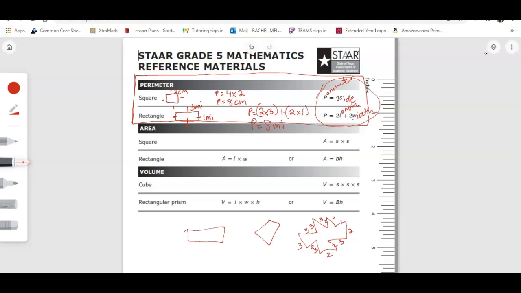Okay, so this has a whole bunch of sides. I would add up all of the sides. So whether it's a square, a rectangle, a triangle, any polygon, because a polygon is a two-dimensional shape.